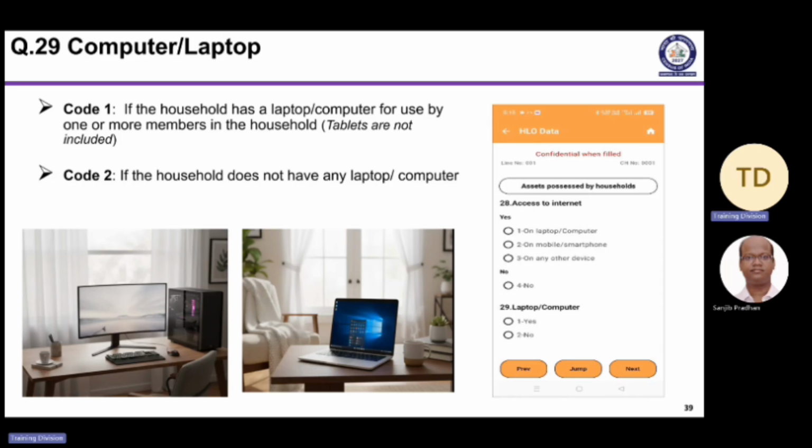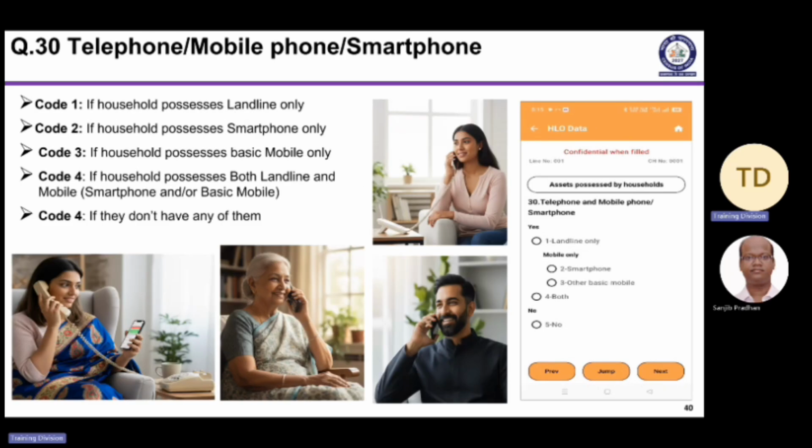So here again, the enumerator has to probe regarding all the members of the household. It is not the case that only the head of the household can use laptop or computer. If any member of the household is using laptop or computer, yes should be recorded, or otherwise no should be recorded. Then telephone, mobile phone, smartphone.